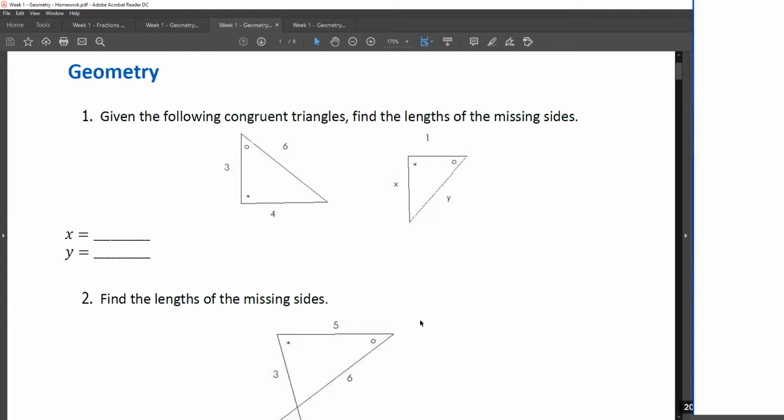Let me just draw out these triangles really quickly so that we can see them. With a 3, 4, 6, 0, and a star. Star, 0, x.